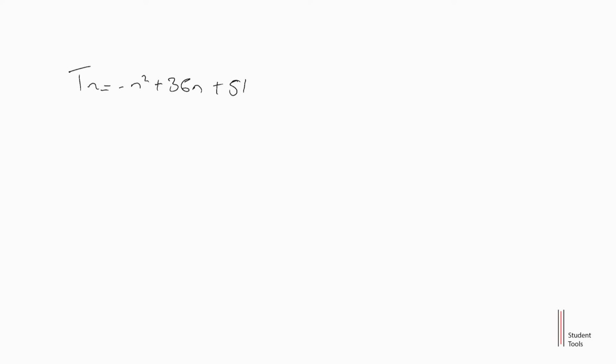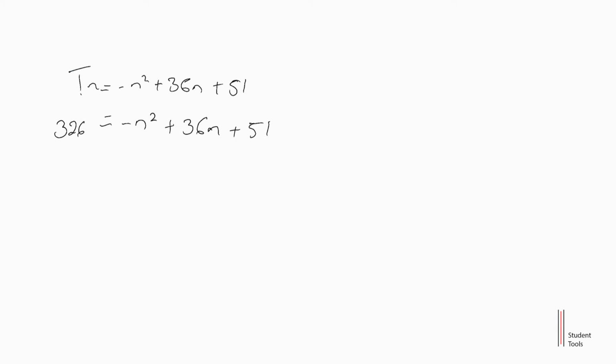So now we are supposed to determine which of the terms in the pattern have the value of 326. So that means we should determine the value of n if all this is equal to 326. So that is minus n squared plus 36n plus 51.